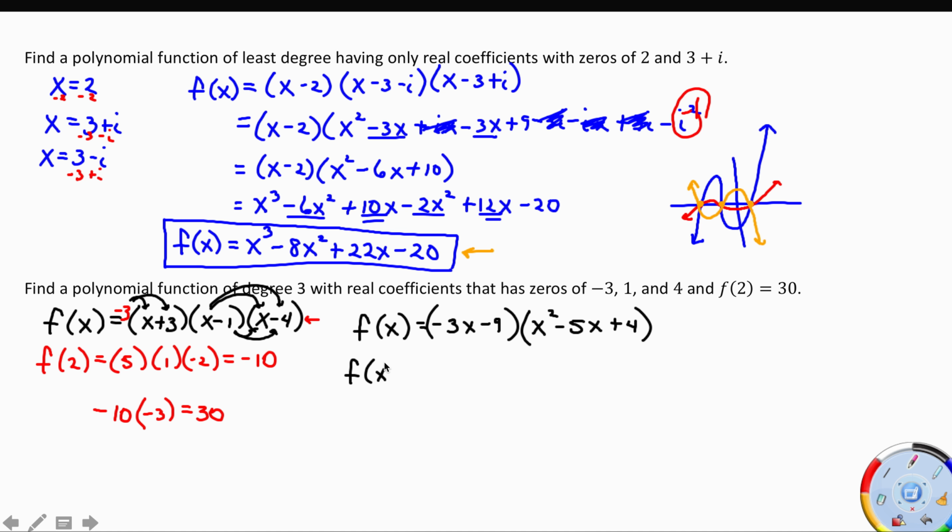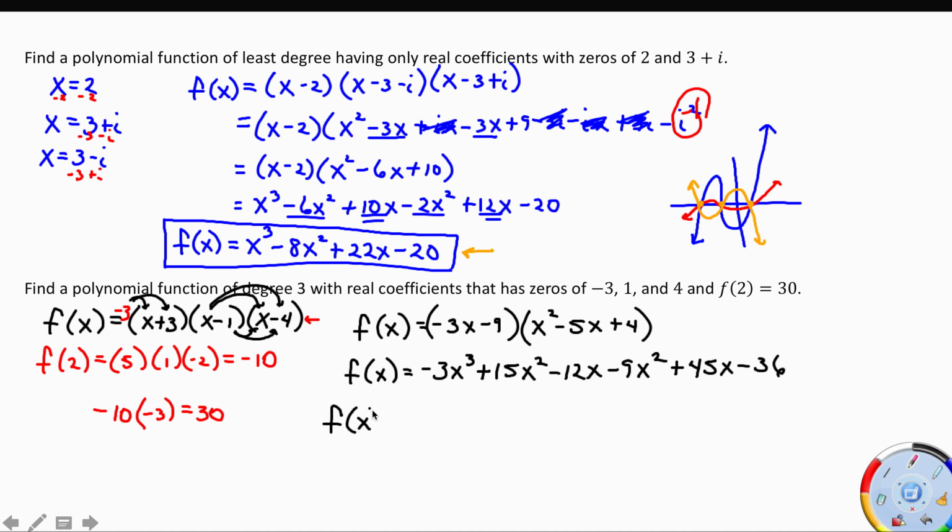All right, so continuing to multiply it out, I now have negative 3x cubed. Notice we did get a cube. Plus 15x squared minus 12x minus 9x squared plus 45x minus 36.